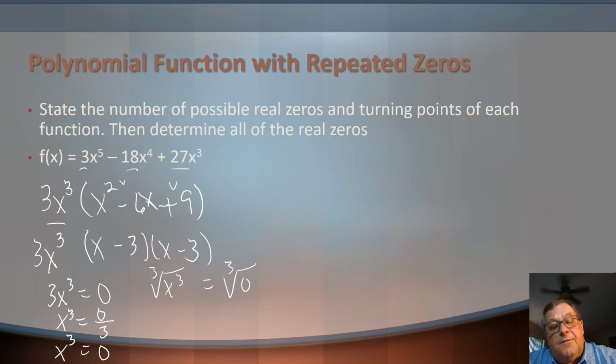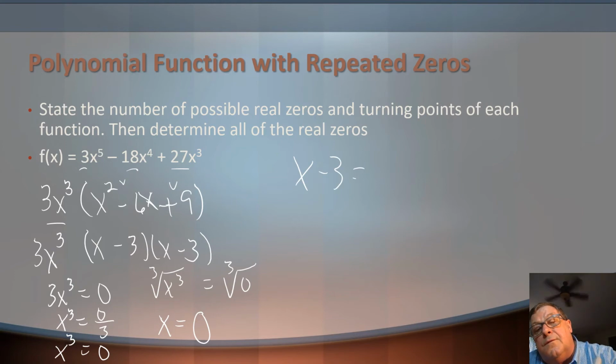Well, the cube root of x cubed is x, is what we're looking for. And the cube root of 0 is, in fact, 0. Now, what about our x minus 3? Well, that x minus 3 equals 0. Add 3 to both sides, and we got x equals 3.